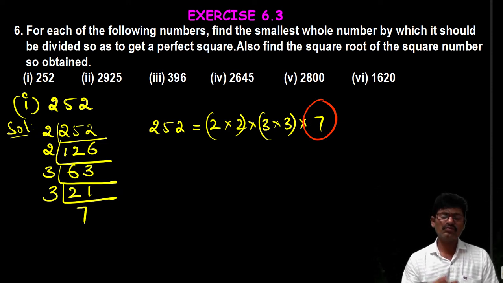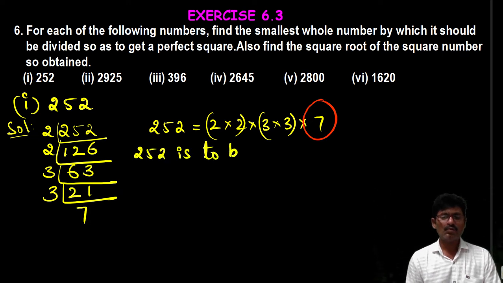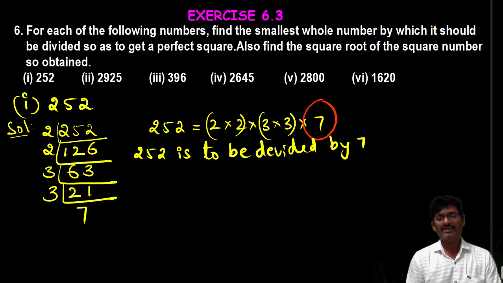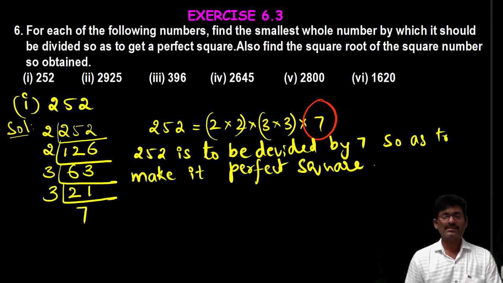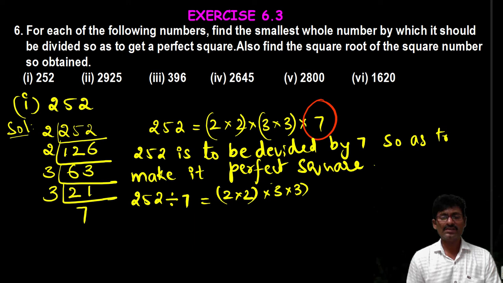Now if you divide 252 by this 7, then this 7 will be cancelled and it will become a perfect square. Why? Because all the remaining numbers will be in pairs. So 252 is to be divided by 7 so as to make it a perfect square. 252 divided by 7 equal to 2 into 2 into 3 into 3 into 7 divided by 7.